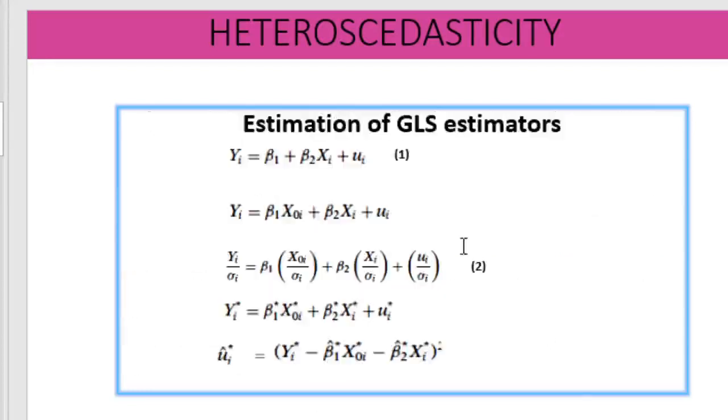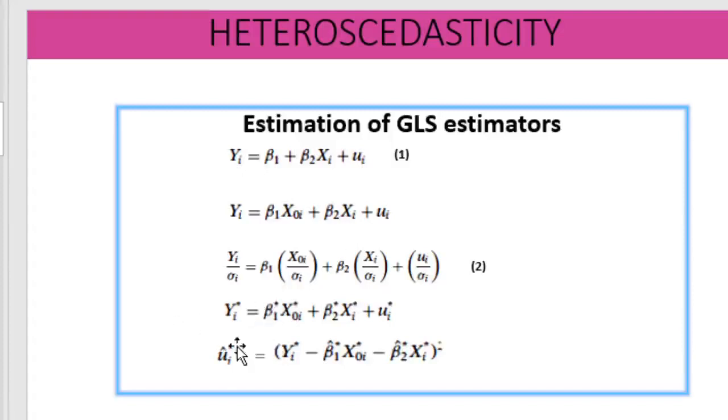The derivation of the estimates of GLS equations is given here. We know that the equation is yi equal to beta 1 plus beta 2 xi plus ui. This can be transformed as yi equal to beta 1 x0i plus beta 2 xi plus ui, where x0i equals 1, and then divide the whole equation by the heteroscedastic standard deviation sigma i.